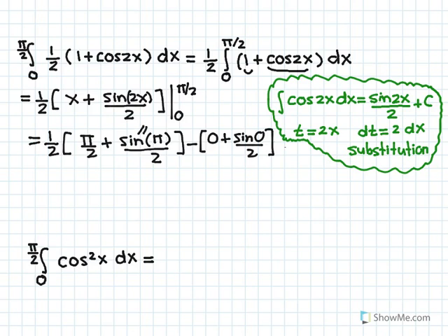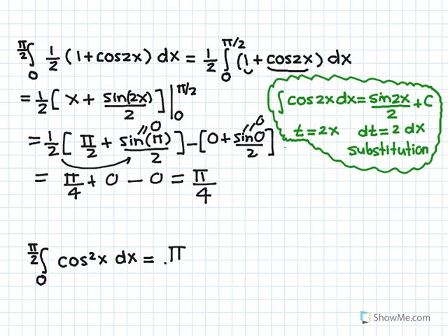Sine of pi is 0. Sine of 0 is 0. So that simplifies everything. We get pi over 4 plus 1/2 times 0, that's just going to be 0 minus 0. So the answer is pi over 4. So what we have shown is the definite integral from 0 to pi over 2 of cosine squared x dx is equal to pi over 4.